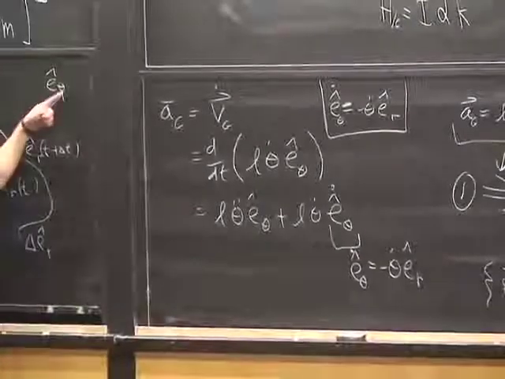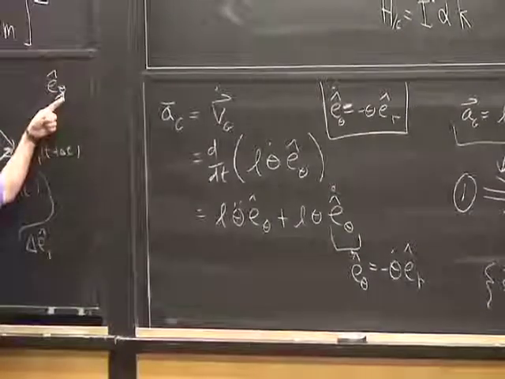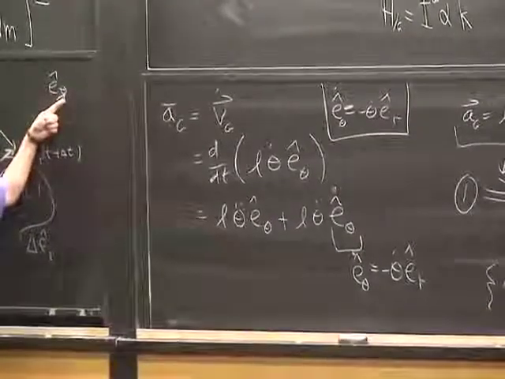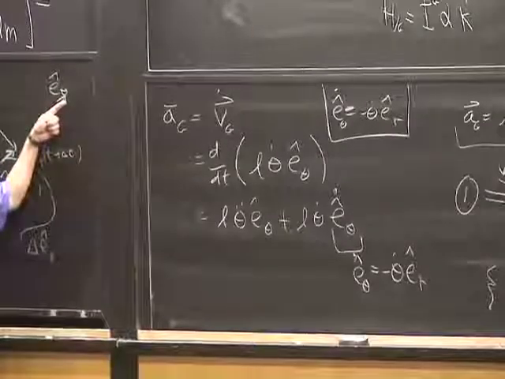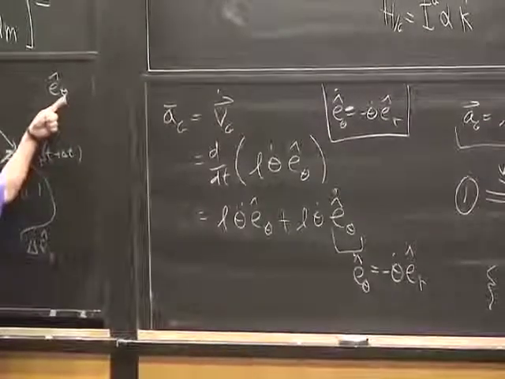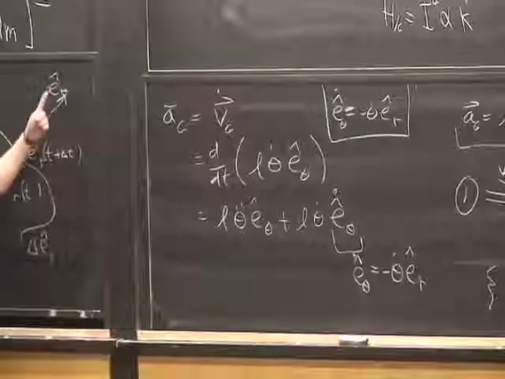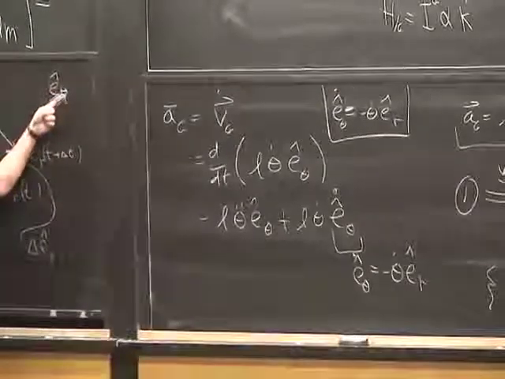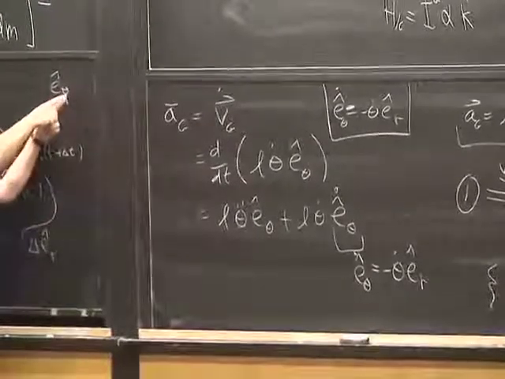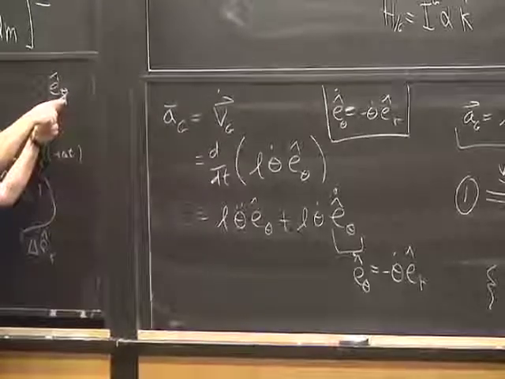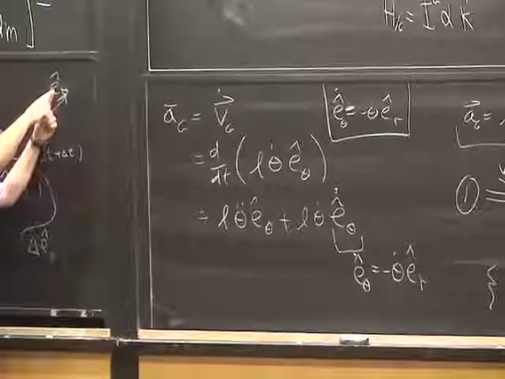So let's look at this vector E sub theta here. I'm just doing this kind of intuitively now, because that's the way you will best remember it. You can go through it more slowly. Here's E sub theta. It's a vector which is spinning around as this thing goes around. If you just look at the vector by itself, when theta increases, E sub theta goes from this to this.